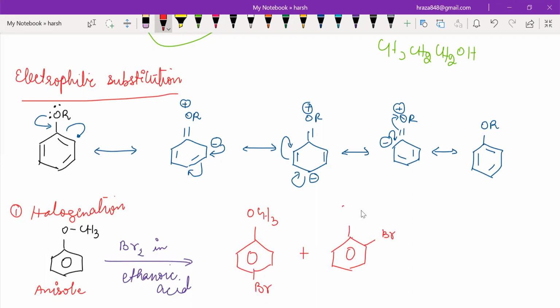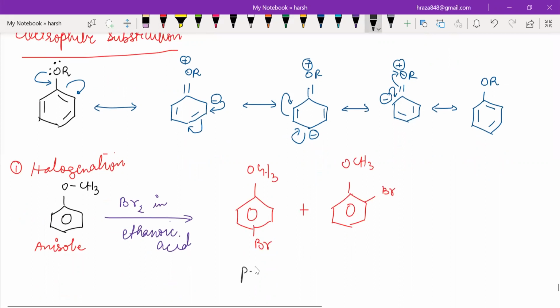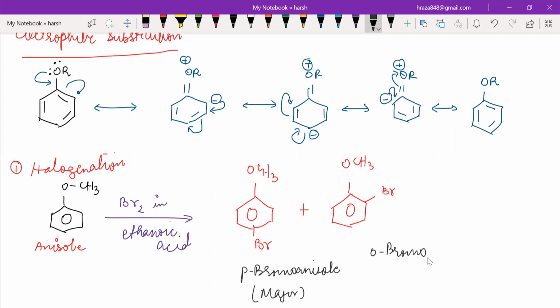Now the important point is that its name will be para-bromoanisole. This is major, and this is ortho-bromoanisole. This is minor. So please write.